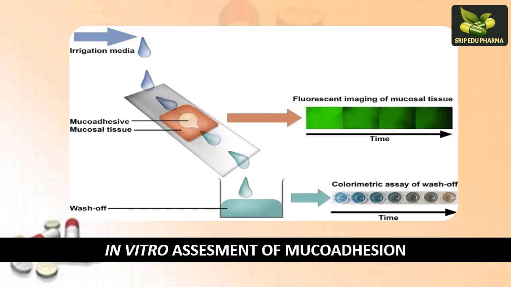After washing off, it is analyzed under fluorescent imaging, and you can see the extent of fluorescence on the mucosal tissue. The colorimetric assay of the wash-off can also be analyzed with respect to time to understand the mucoadhesion property of the polymer.